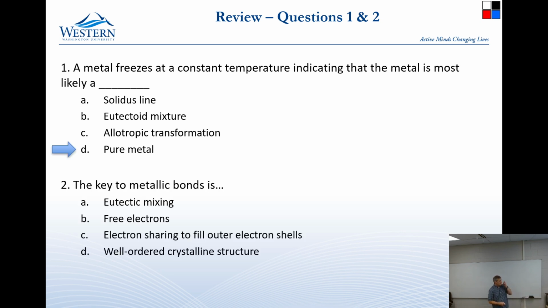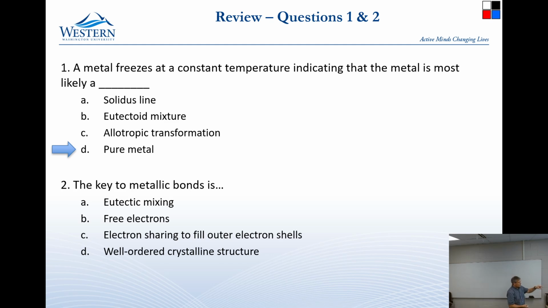All right, the key to metallic bonds is eutectic mixing, free electrons, electron sharing to fill outer electron shells, or well-ordered crystalline structure. Mostly twos, maybe, yeah, some fours. Anyway, the best answer is probably free electrons.